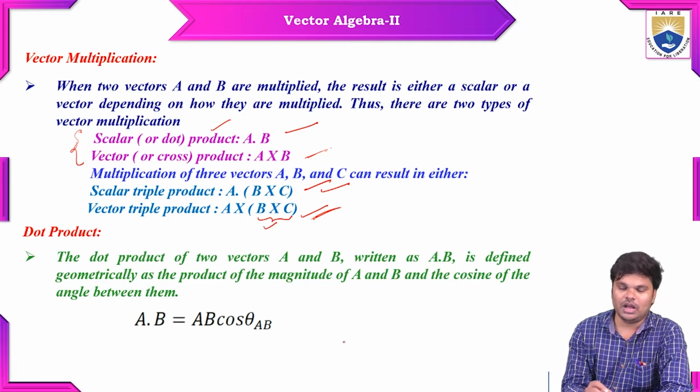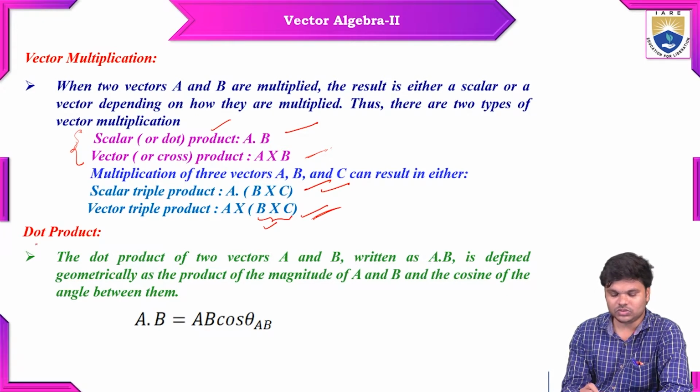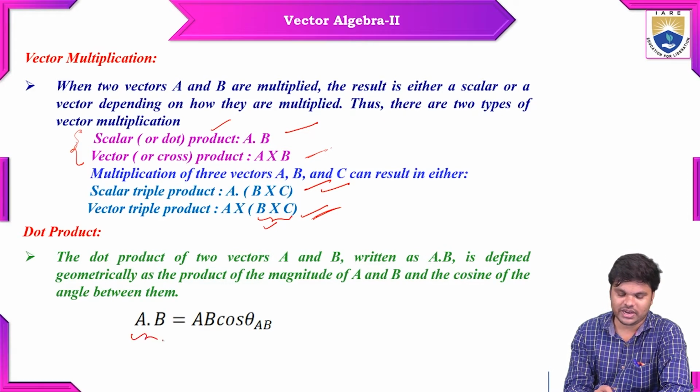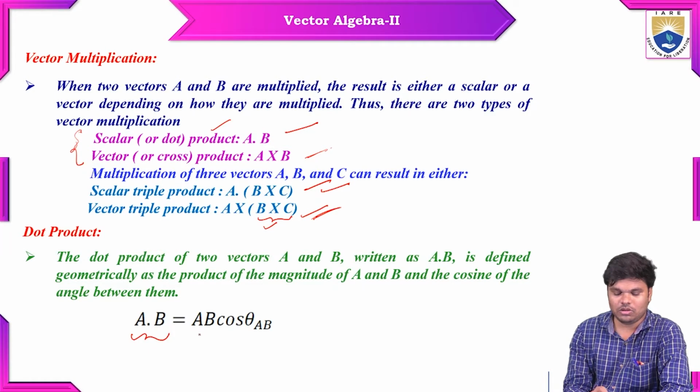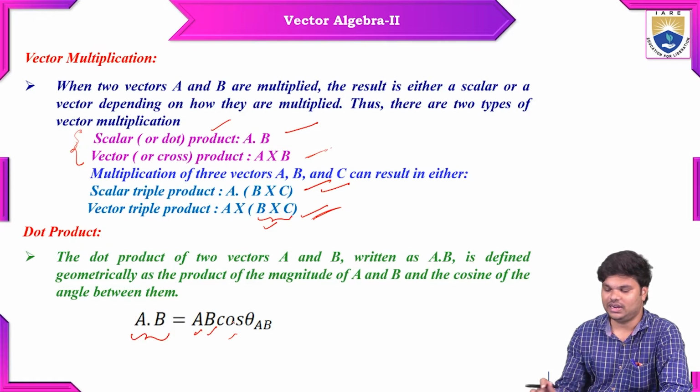So after studying these things, let's look at the definition of dot product. The dot product of two vectors A and B is written as A dot B. Mathematically, it is equal to the magnitude of A into the magnitude of B into cos of the angle between A and B, right?